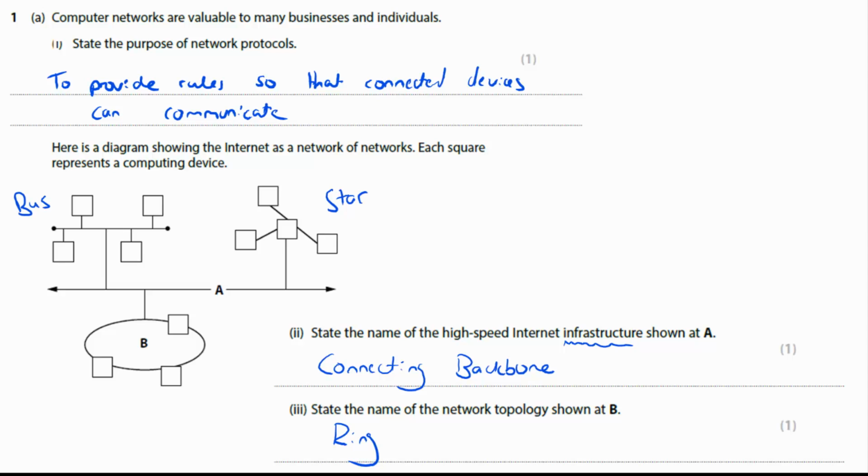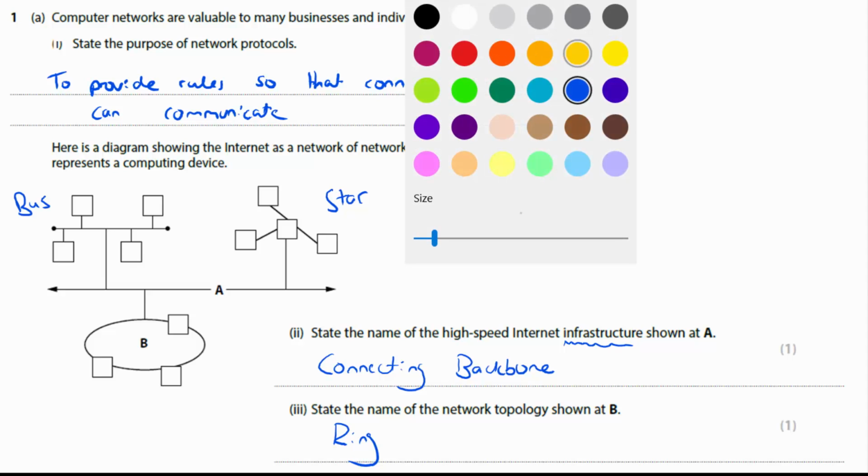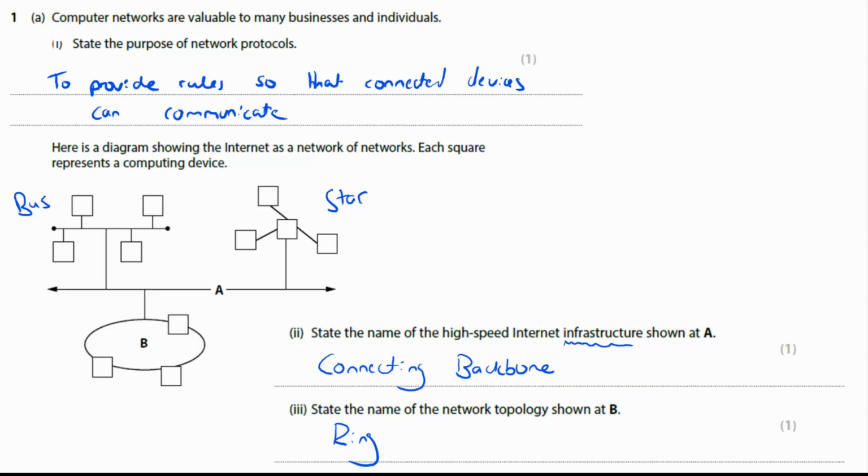You also need to know about the mesh topology, which I might struggle to draw here, but let me try and do it like a star, like this, like a pentagon. Each node is connected to each other node, something like this. Is that right?